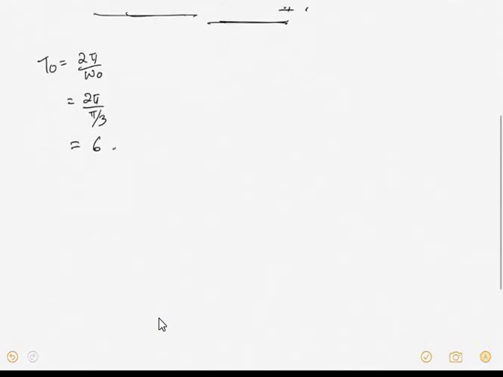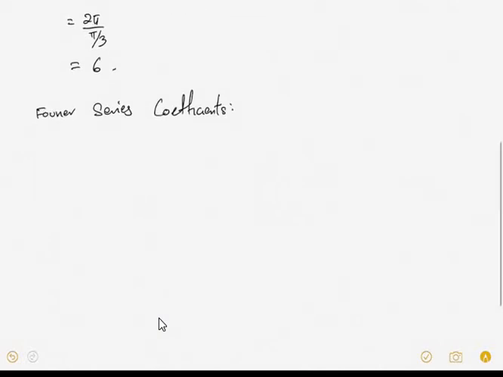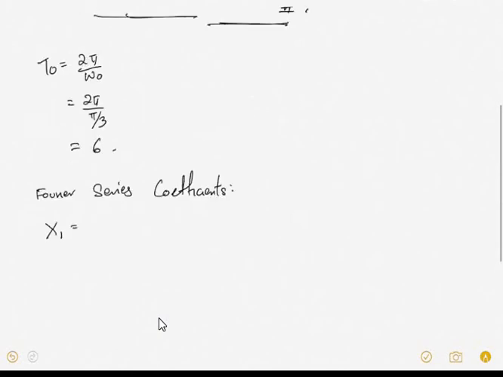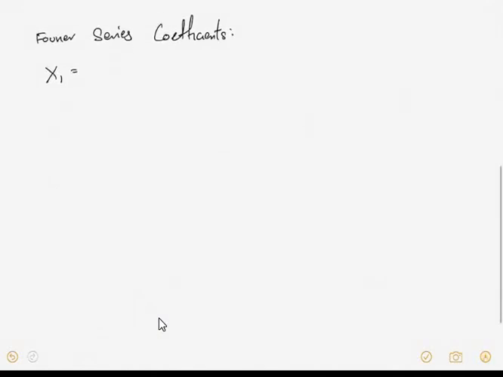What is the Fourier series coefficient? X1 is 3 over 2, and X minus 1 is also 3 over 2.